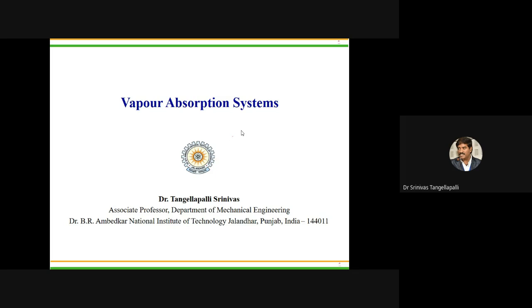Vapor compression refrigeration, you know, follows the reverse Rankine cycle principle, because each and every process is separate, there is no addition or mixing, and it is a single fluid system. Rankine cycle is also a single fluid system. But vapor absorption is a binary fluid system. The single fluid system is modified into the binary fluid system.